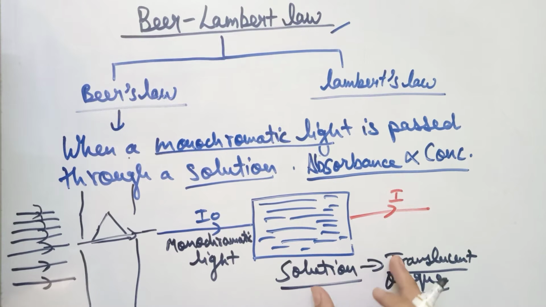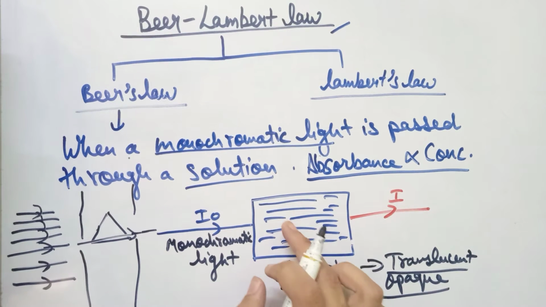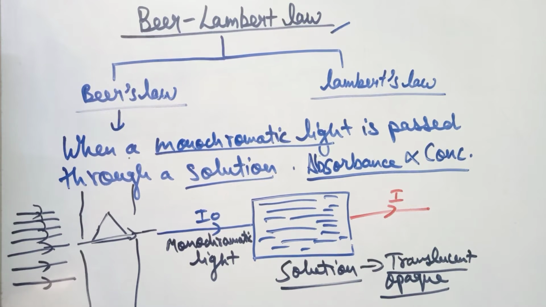If we take a transparent solution, it will not be able to absorb any light, and thus the absorbance will be zero. So we take a solution which is a little bit translucent or kind of opaque in nature.